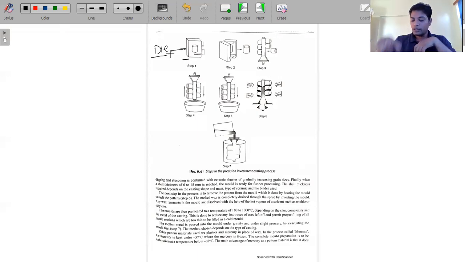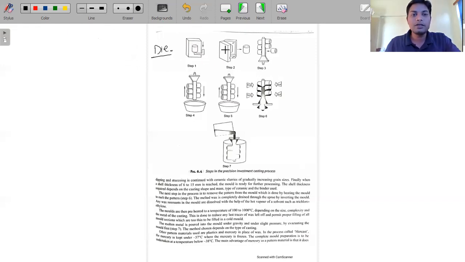You can see that this is a solid cylinder, and we have to cast a number of solid cylinders here. This is the diameter, and this is the length of it. This is the solid cylinder we have to use.